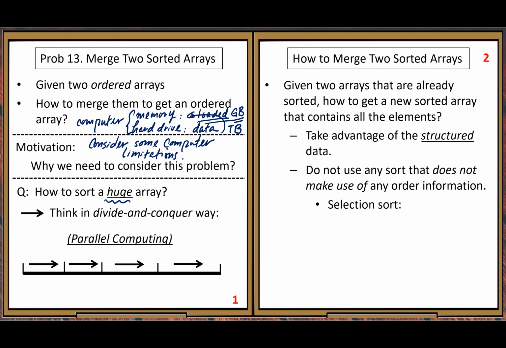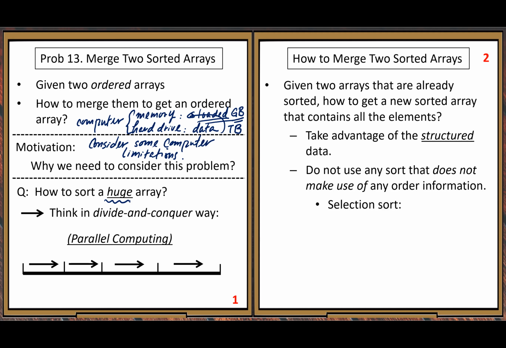First, let's look at selection sort. Let's recall, when the array is already ordered, if we apply selection sort, can we get a better efficiency? We know it's already ordered, but we just assume we do not know it. We apply selection sort on this ordered array. Do you think we will get a better efficiency?